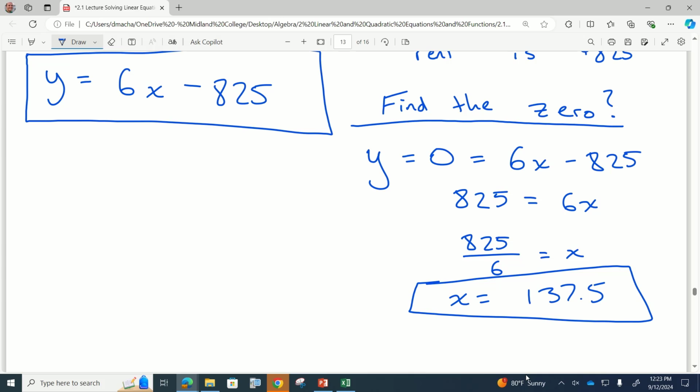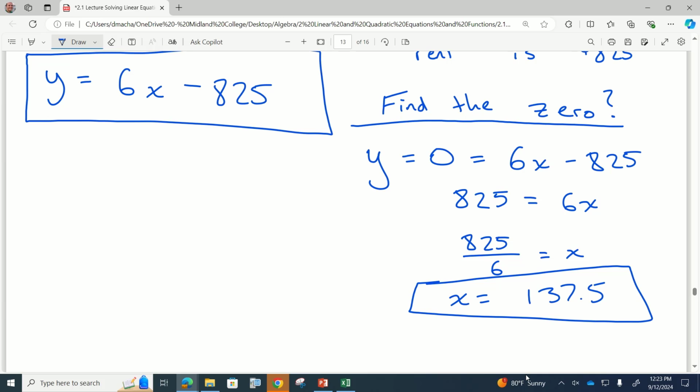Exactly. If you sell less than 138 cameras, then you lost money for the month, right? Then your rent was more money than you earned. But if you sell 138 cameras or more, then you've actually made a profit.